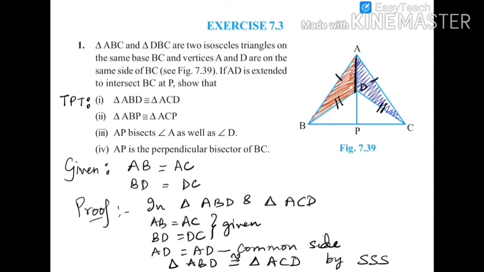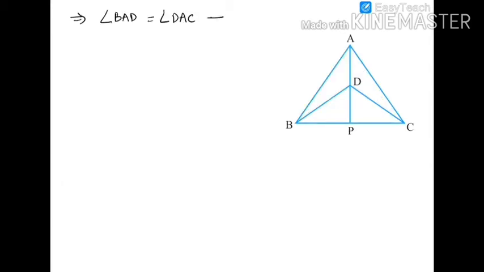So if these two triangles are congruent, then their corresponding angles are also equal. That is, angle BAD will be equal to angle DAC, as they are corresponding parts of congruent triangles.